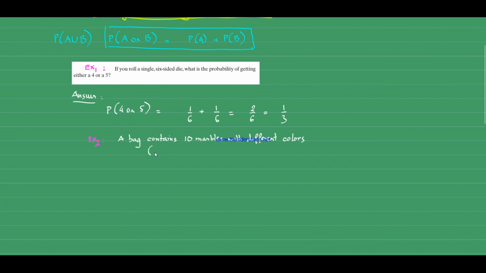Let's say the colors are red, blue, yellow, green, white, black, purple, brown, gray, and orange.